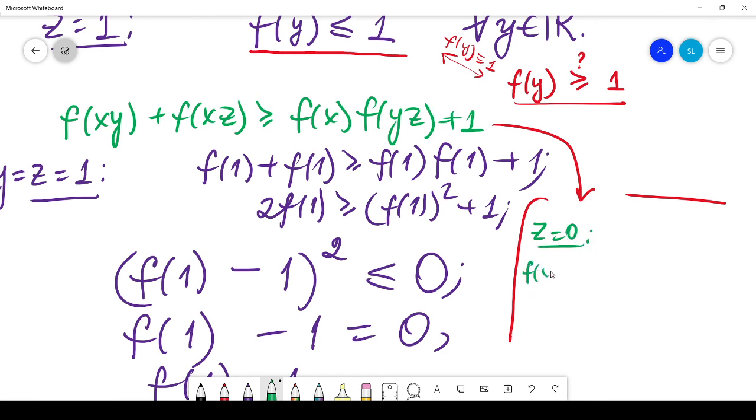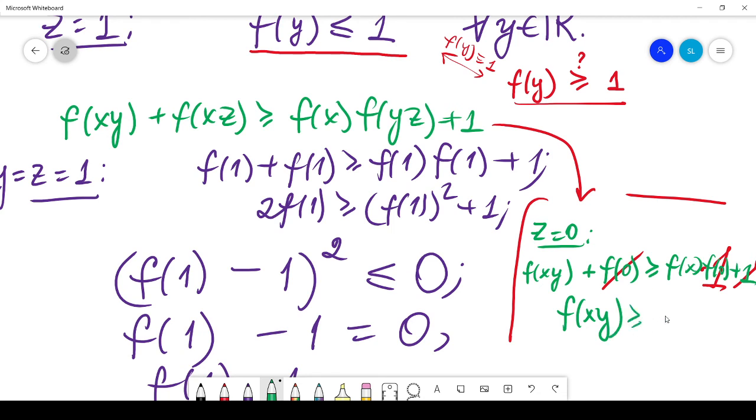Now we have f of xy plus f of 0 is bigger than or equal to f of x times f of 0 plus 1. And notice that f of 0 is actually 1, so these things cancel out, and this thing is actually just 1, so f of x times 1 is just f of x, and we have f of xy is bigger than or equal to f of x.